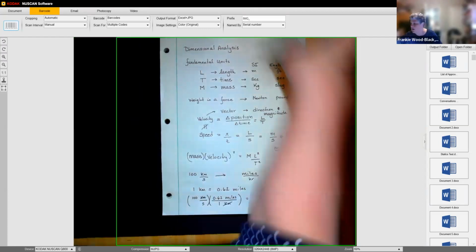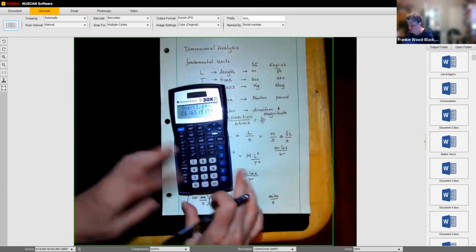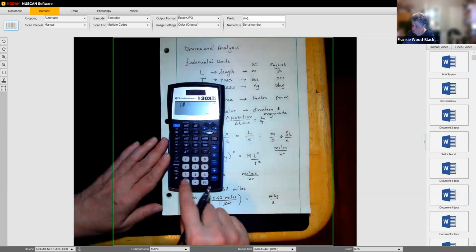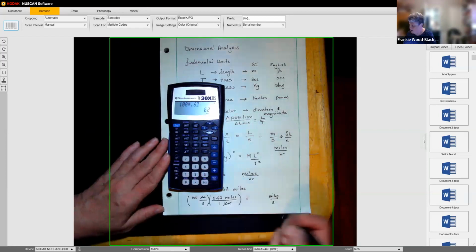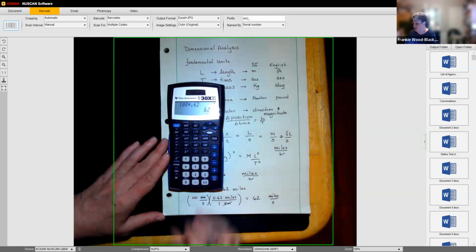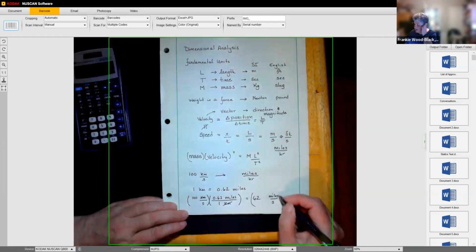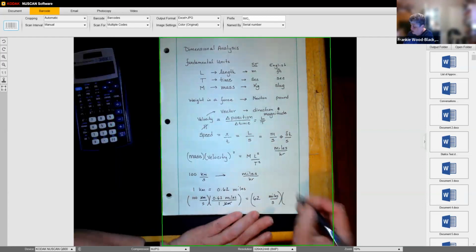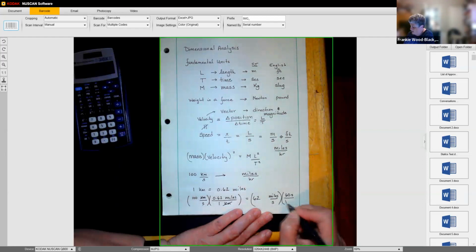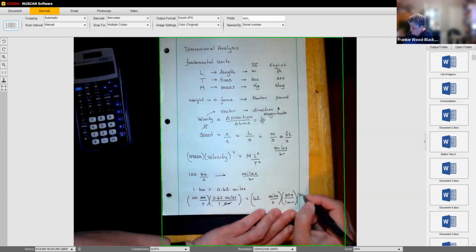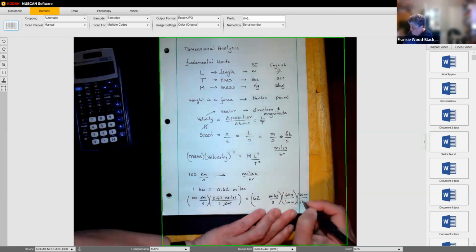I'm going to get my handy dandy calculator out, and I'm going to do 100 times 0.62. And that's going to give me 62 miles per second. But I want it in hours, so I'm going to have to do a conversion there. We know that 60 seconds is 1 minute, and we know that there are 60 minutes in 1 hour.